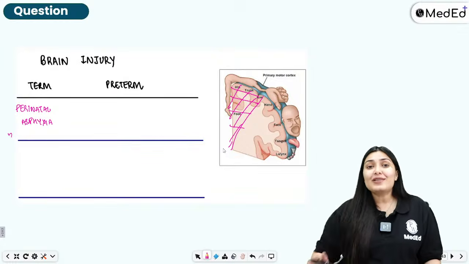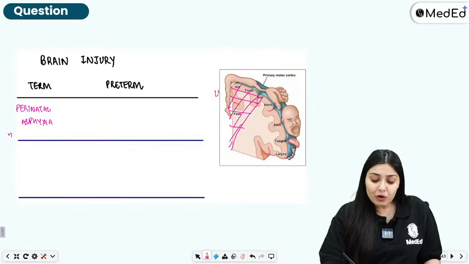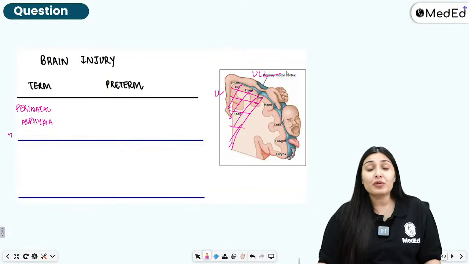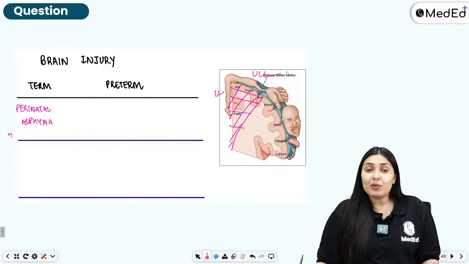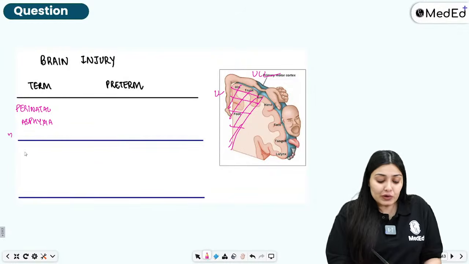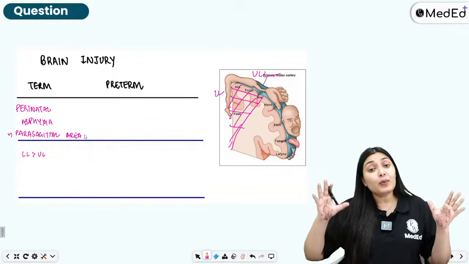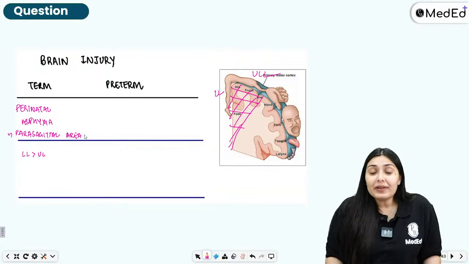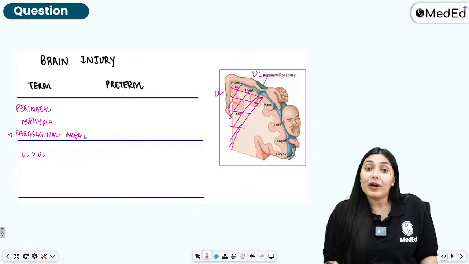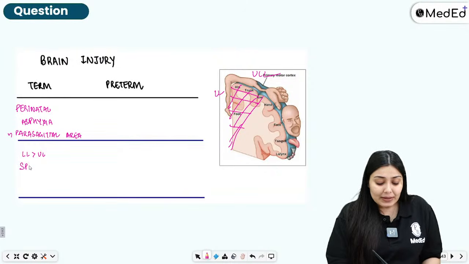So what all things would be involved? My lower limbs would also be involved, my upper limbs would also be involved, and lower limbs more than upper limbs. So there will be involvement of the lower limbs as well as the upper limbs because there is affection of the parasagittal area. Because both upper limbs and lower limbs are involved, this will be spastic quadriplegia.